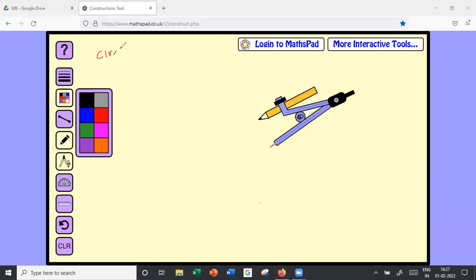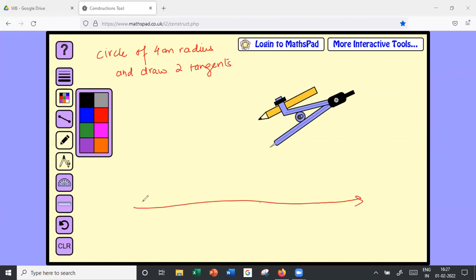So we are drawing a circle of 4 centimeter radius and drawing two tangents. For this diagram, you need space from left to right on your page. So make sure that if your book is a more vertical kind of book, you turn it around and draw this.